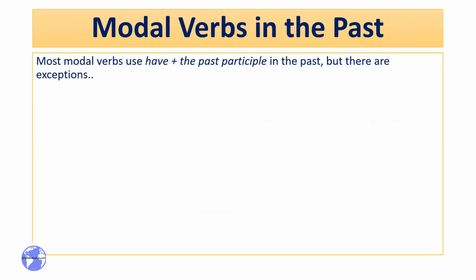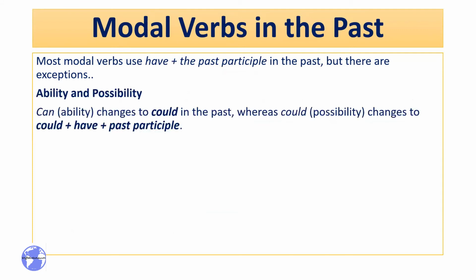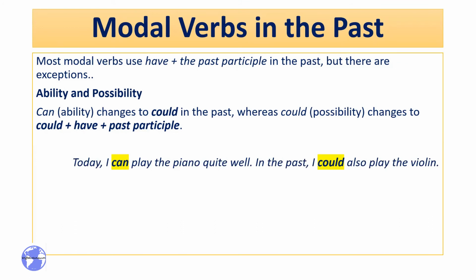Again, to reiterate, most modal verbs use have plus the past participle in the past, but there are exceptions. So ability, can, changes to could in the past. And if you use could plus have and the past participle, the meaning changes and it becomes a possibility, not an ability. So today I can play the piano quite well.